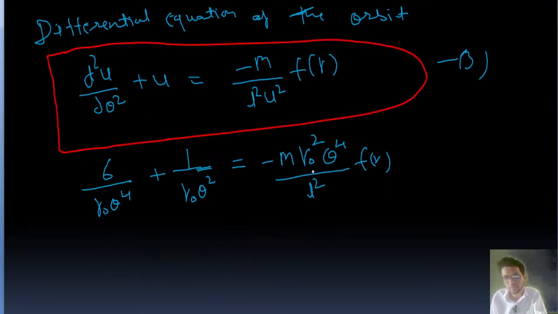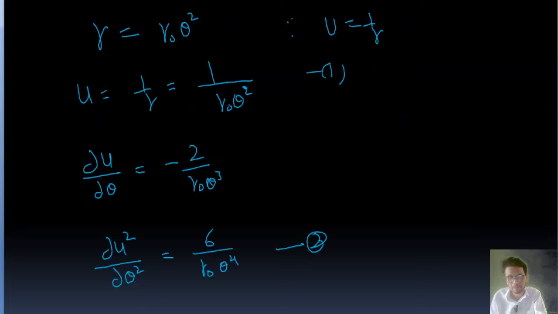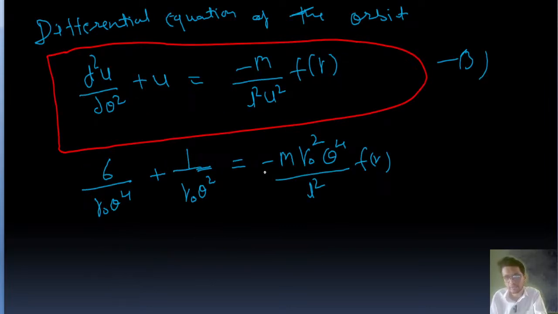So this is going to be 1 upon r naught square theta to the power 4, okay, because that is u square. So this value is this.